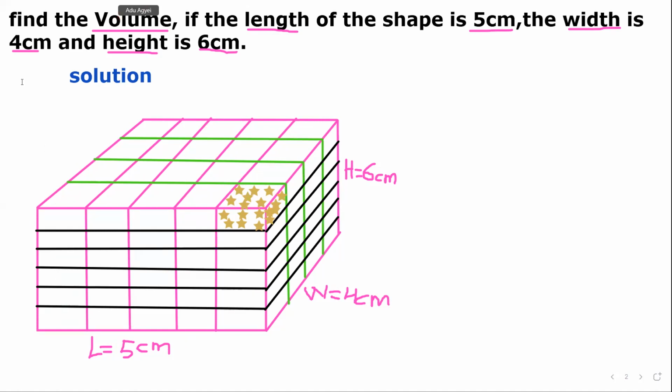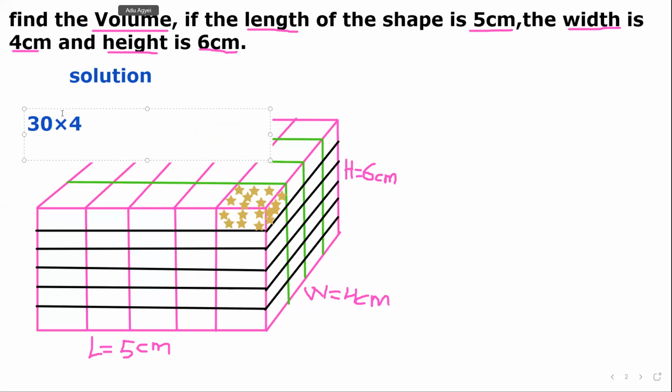So we have the 30 times 4, and that is 120 centimeters cube.